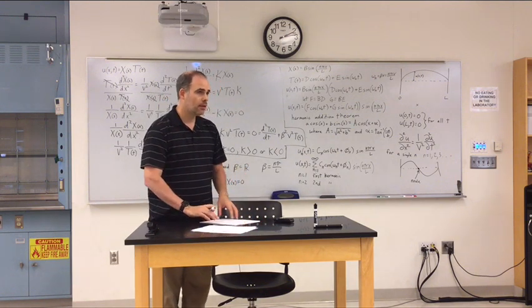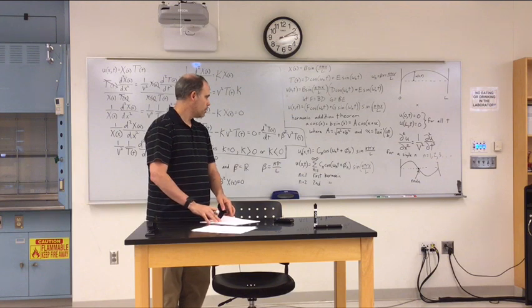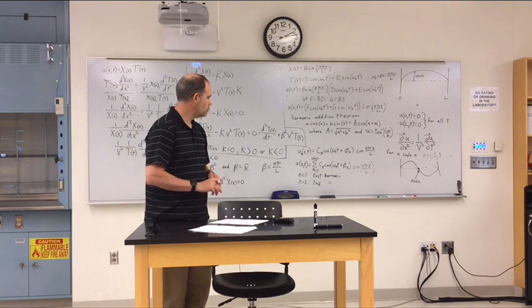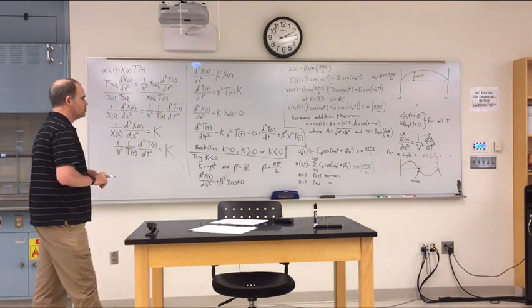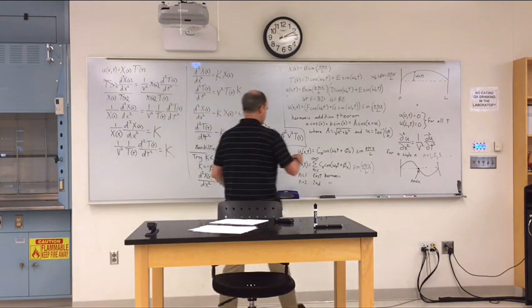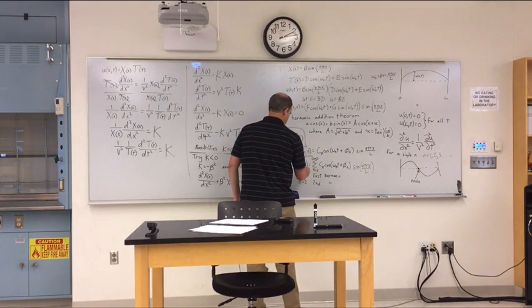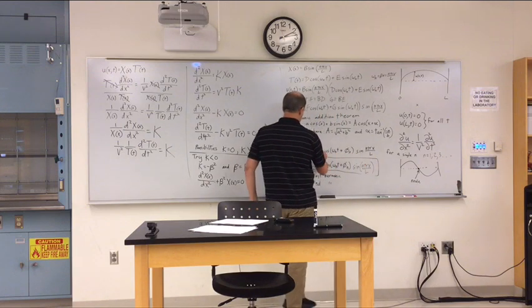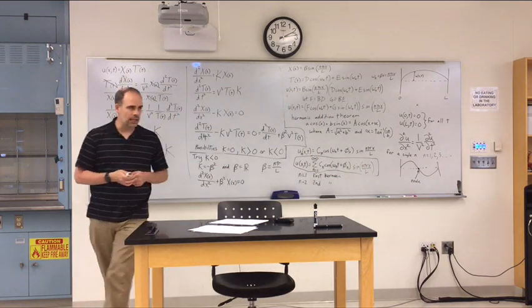As you increase n, you're going to have n minus 1 nodes. Okay, so that is the classic wave equation.